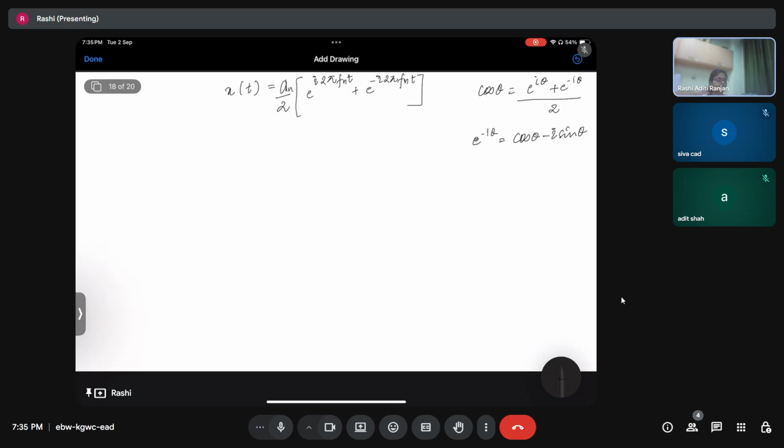Okay. Now if you need to find out the Fourier transform, what are you going to get?